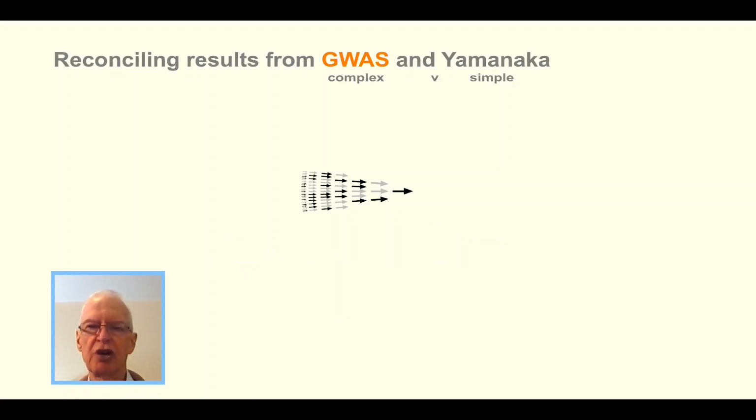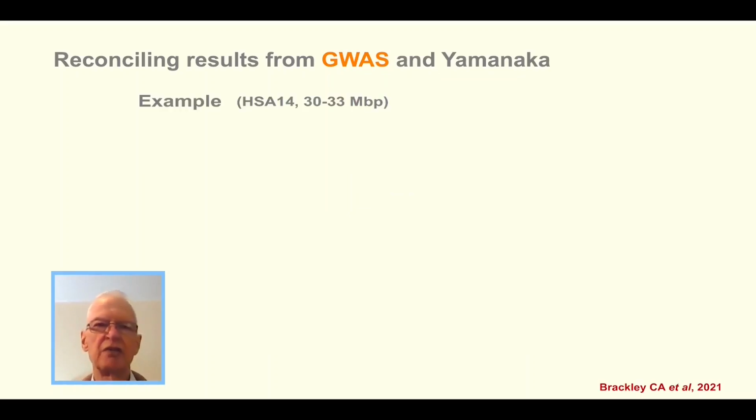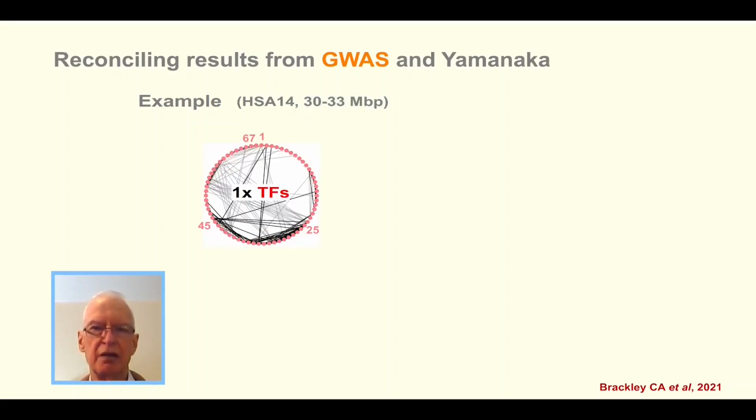But in contrast, Yamanaka's experiment seemed to say that just 4 factors could switch cell fate, pointing to a much simpler explanation. I'm going to illustrate these experiments by reference to one particular human chromosome and a small portion of it. And this is because the network is already very complicated.